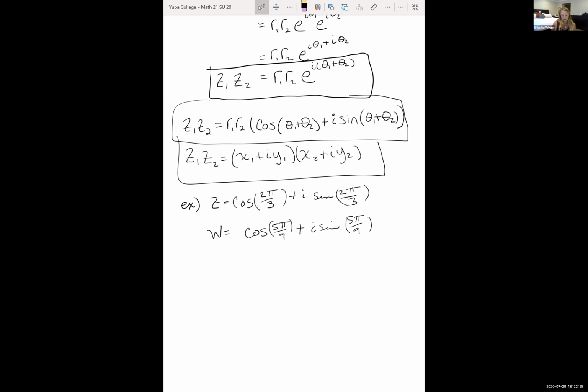Okay, so polar form, z times w. Basically, we look at our r value. Notice there's no number in front other than 1. So r sub 1 here is equal to 1. Our theta sub 1 for our first equation is equal to 2 pi thirds. R sub 2, again, looks like my r value is 1 here, and theta sub 2 is 5 pi ninths.